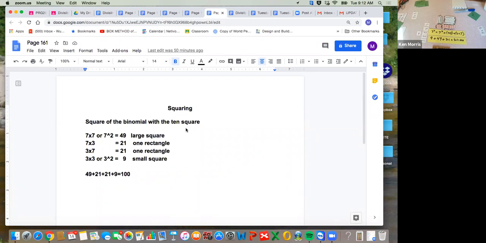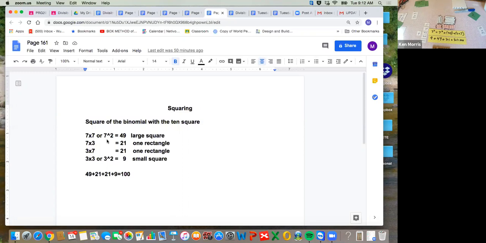I use the notation for 7 squared, since I'm working in just a Google document, I use the notation that you see on graphing calculators. It's typically understood that that little hat represents an exponent. You can also raise that 2 as a superscript, but it's too complicated. So it slowed me down. So 7 times 7, or 7 raised to the 2 power, equals 49.